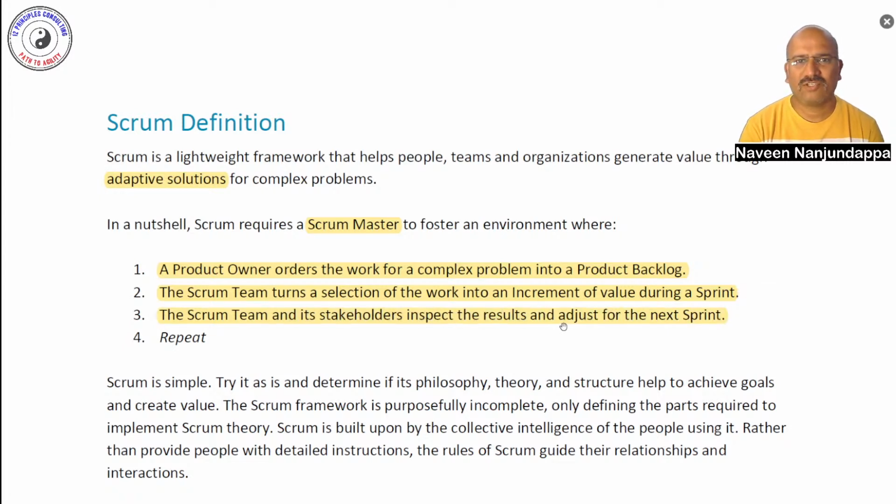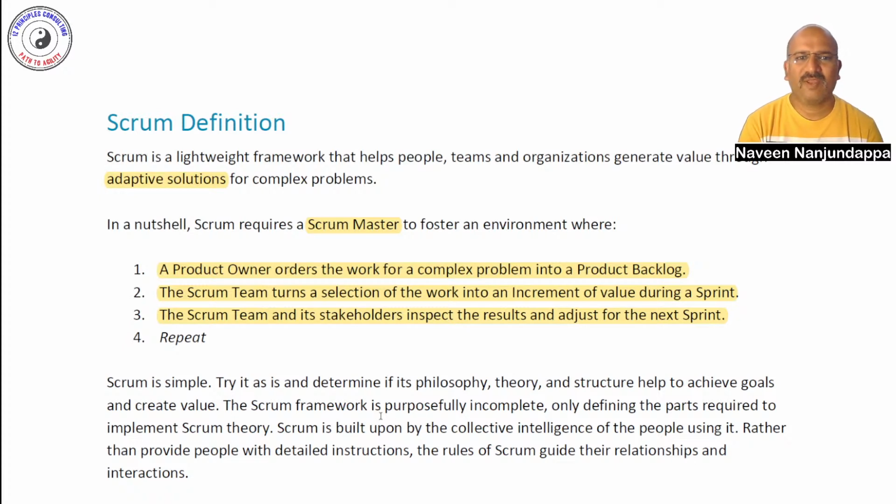So that's a key essential part: inspect and adapt. So in Scrum, we have the inspection and adaptation cycles going through. Scrum is simple: try it as is and determine if its philosophy, theory, and structure help to achieve the goal and create value.